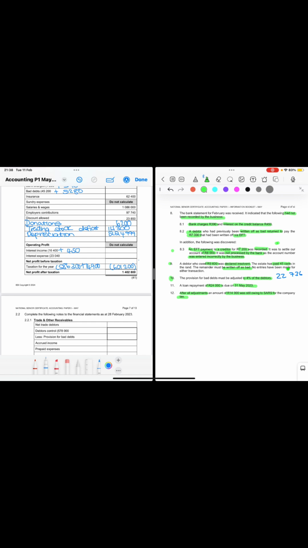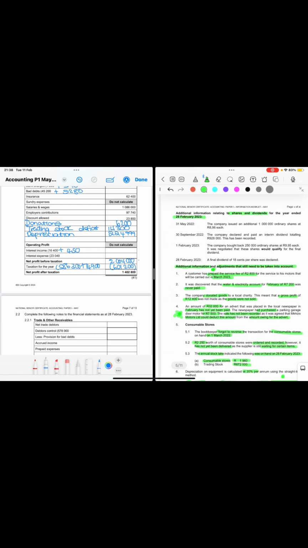And now we can calculate net profit before tax, which will be 601,200 plus 1,402,800, because we're working in reverse. So that would be 2,004,000. And then interest expense, we're given an amount of 23,040.